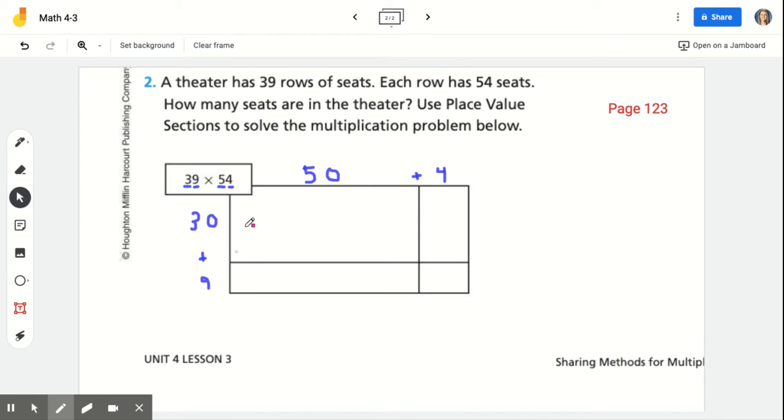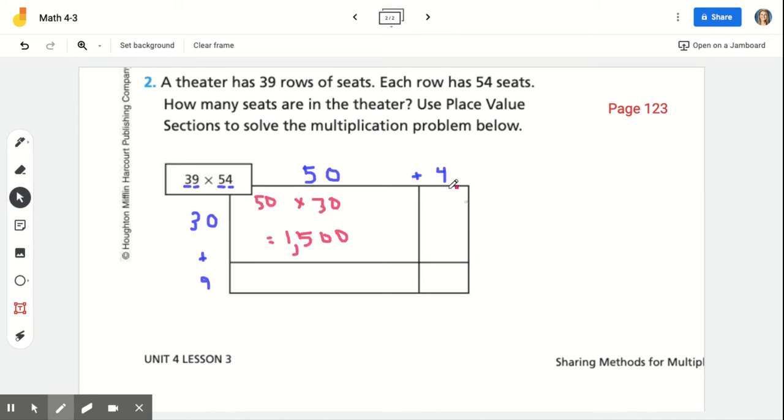That represents 30 seats. So 50 times 30 is what we're going to solve for, basically the area of this place value section. Go ahead and solve. And did you get 1,500? Great. Add in your comma between the thousands and the hundreds place in case you haven't already. That will help us keep track of our place values.